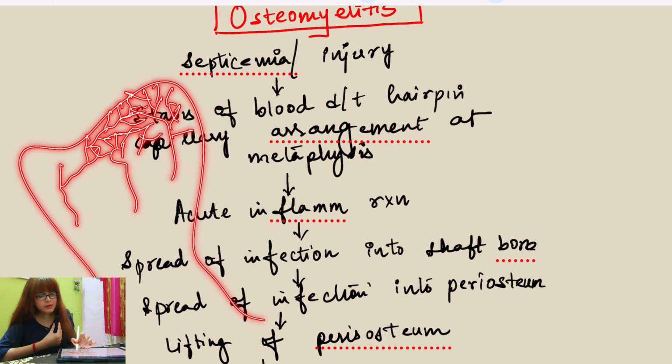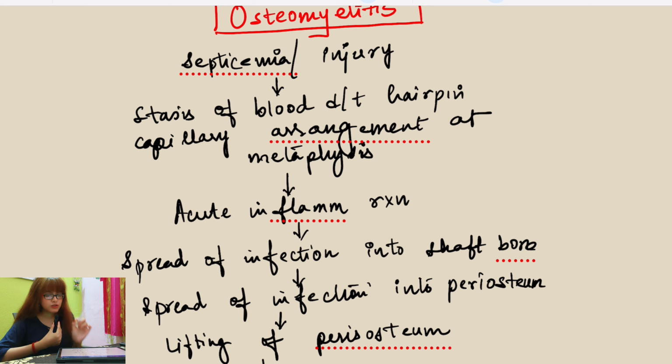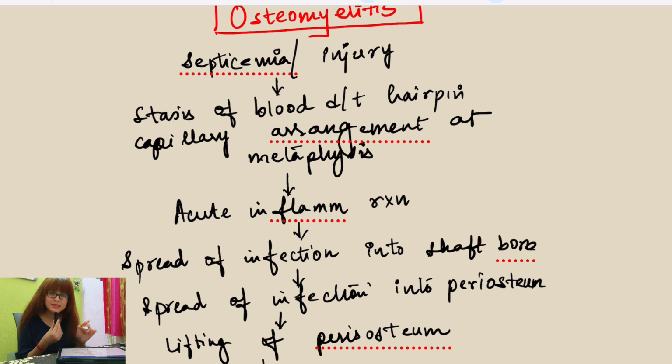Because of this special arrangement, there's going to be stasis of blood in this area, which is the metaphysis. And once the blood accumulates over here, there's going to be an acute inflammatory reaction. So essentially this happens because of the hairpin-like arrangement at the metaphysis, and therefore the metaphysis is the site where this is actually taking place.